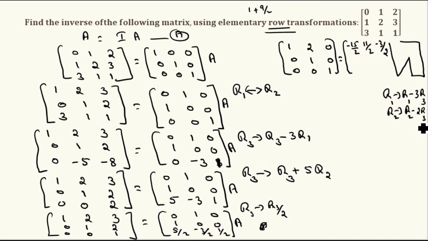Now R2 means R2 minus 2 R3. So 1 minus 2 times 5 by 2, 2 cancel, 1 minus 5, minus 4. Then 0 minus 2 cancel, plus 3. Then 0 minus 2 cancel, 1 minus 1. So here is no change. So 5 by 2, minus 3 by 2 and 1 by 2. Then it is coming here only.